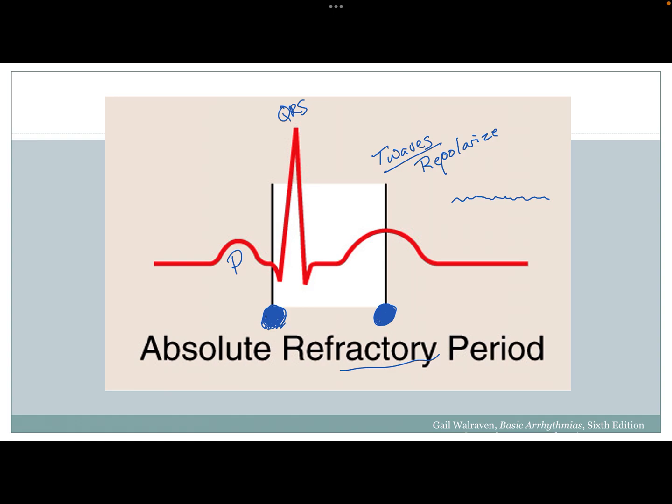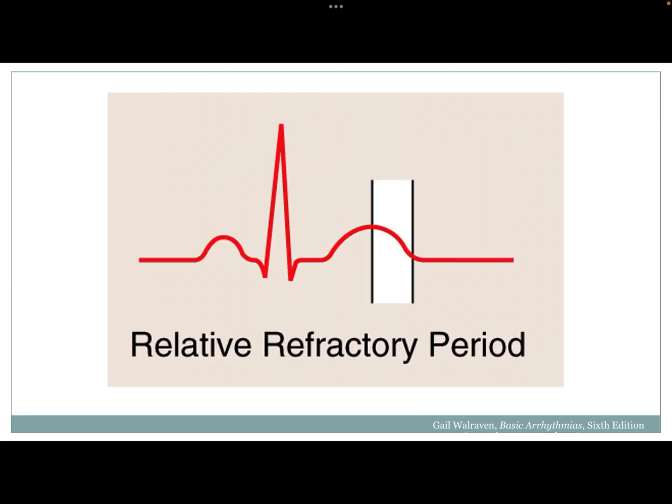That's the time where we do not want another electrical impulse to travel because the heart has not had time to fully reset. Now there is another period from the point of the T wave at the top of the apex there to the end of it. This is referred to as the relative refractory period. And this is when enough of that ventricle has reset itself that it can take another electrical impulse.